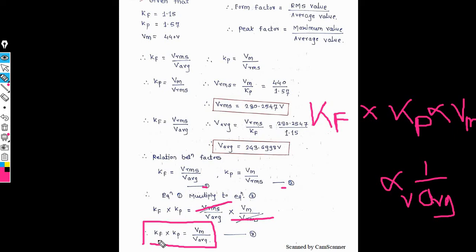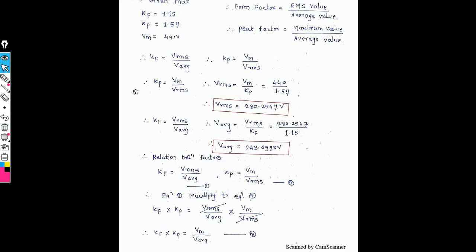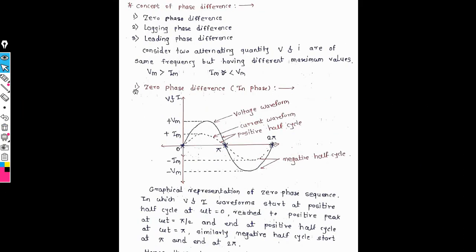Now this is the problem based on peak factor and form factor. This is the second important problem, based on sinusoidal voltage and current quantity, using form factor and peak factor. Now the next point to explain is the concept of phase difference.